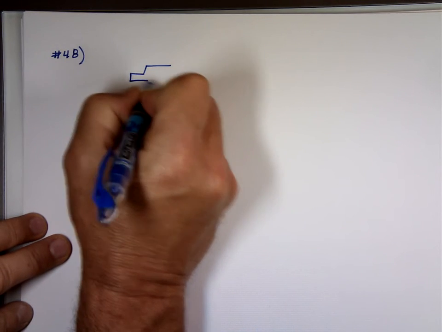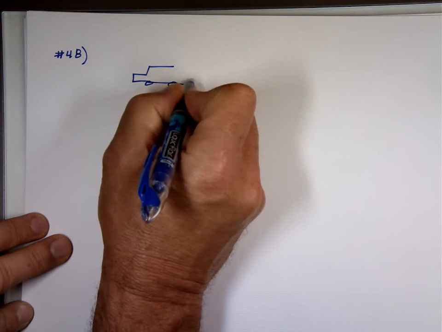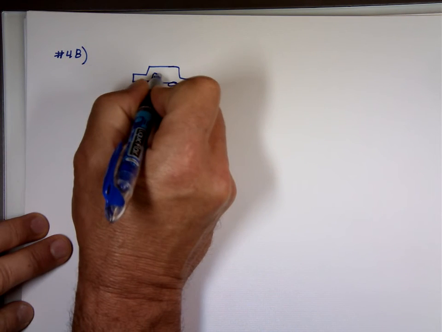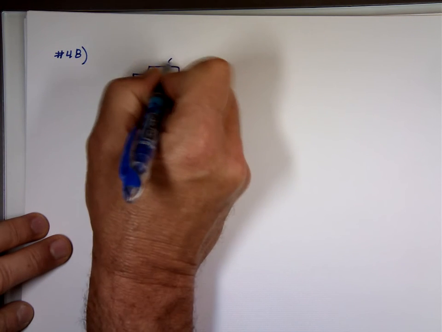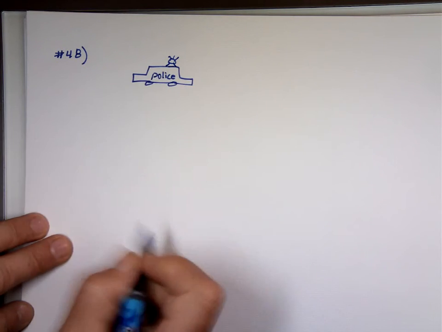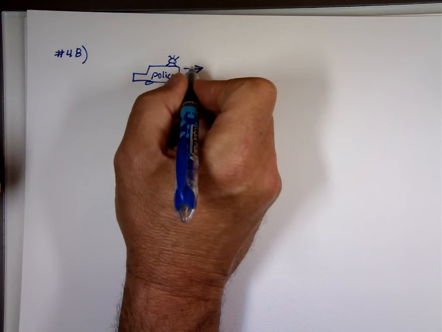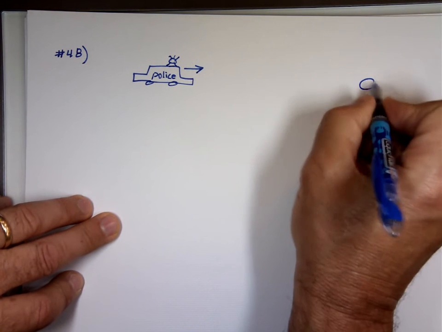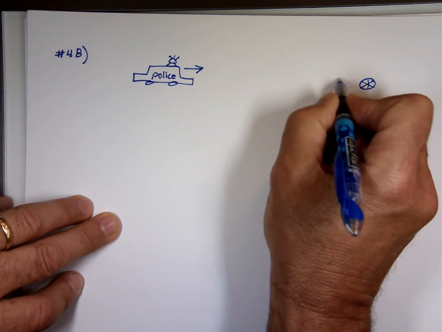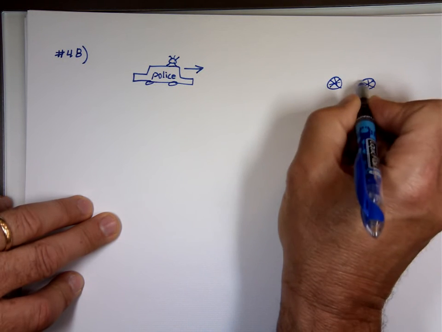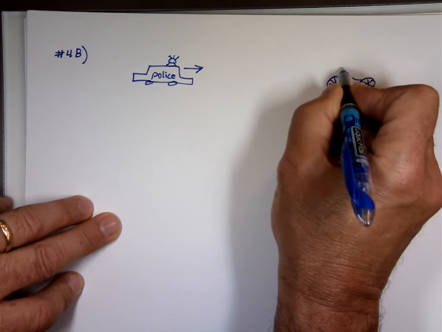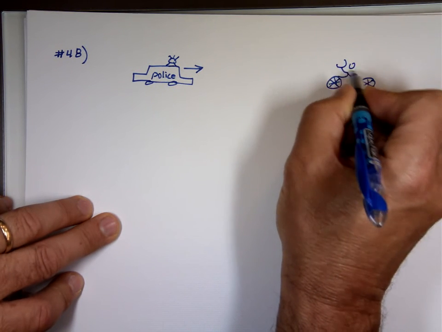It says police on it. And it's moving this way. We have a motorcycle here. He's going this way.